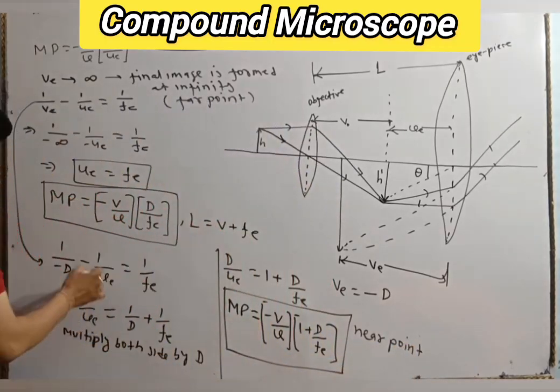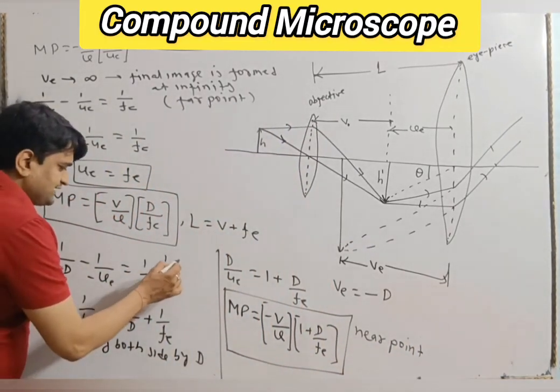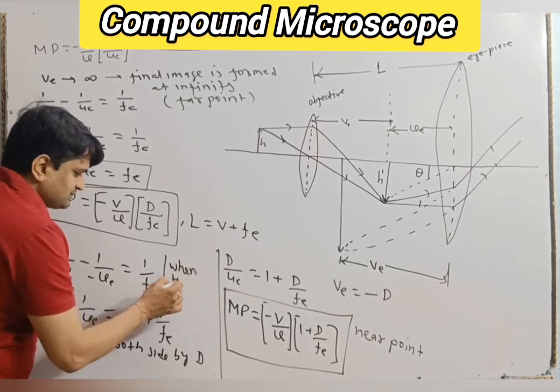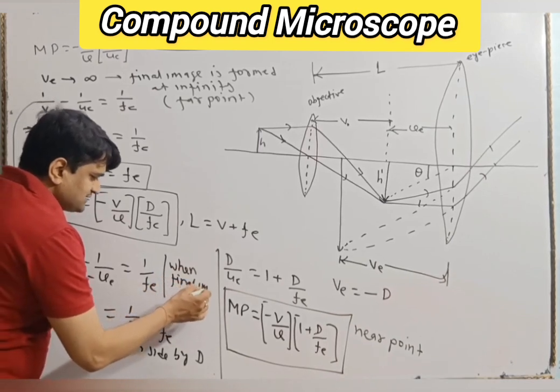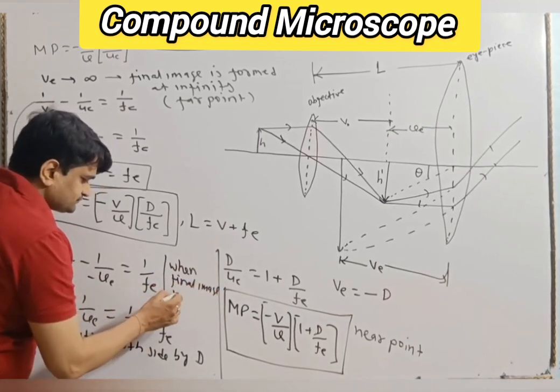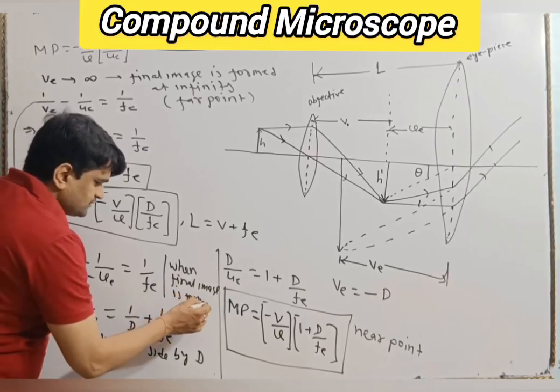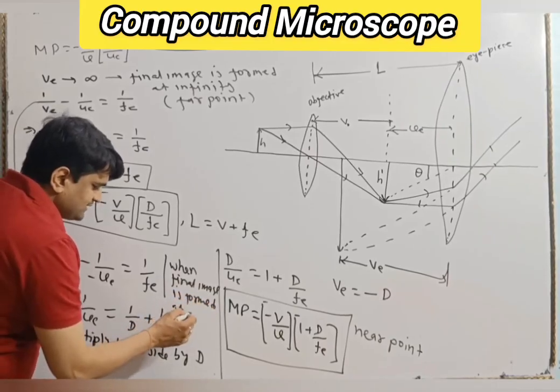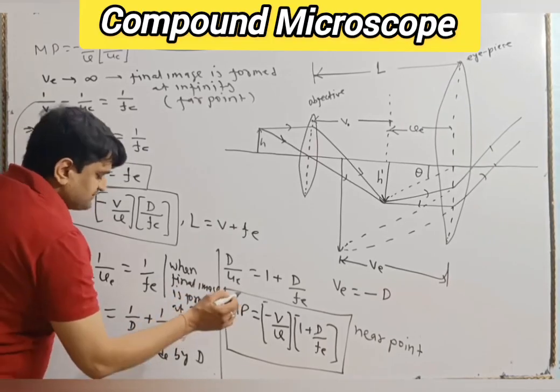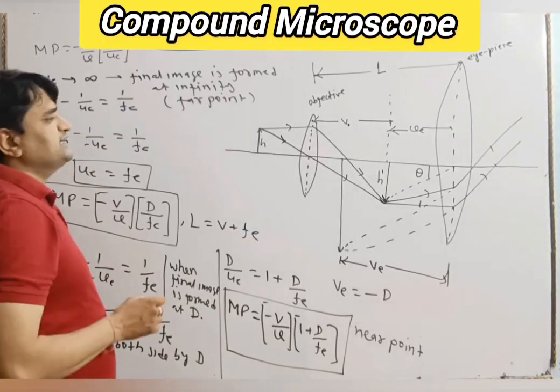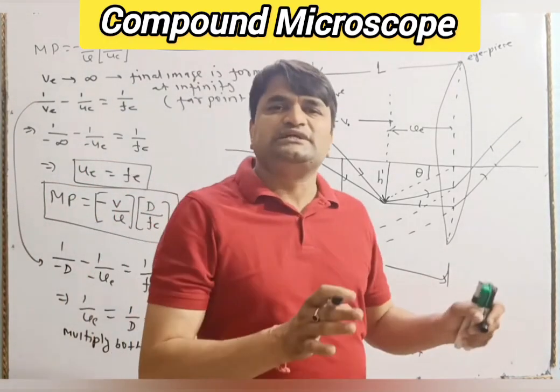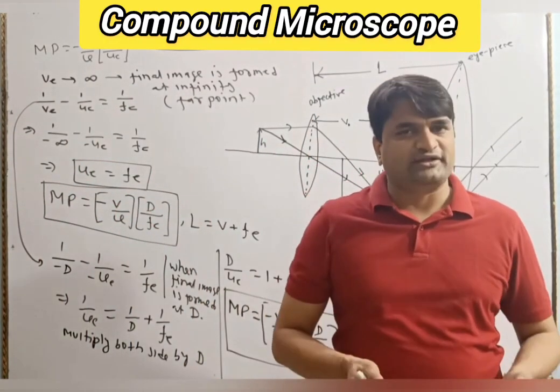That is, this has been discussed when final image is formed at D. That means least distance of distinct vision. This is the basic discussion of compound microscope.